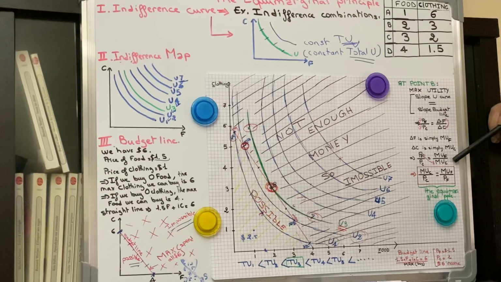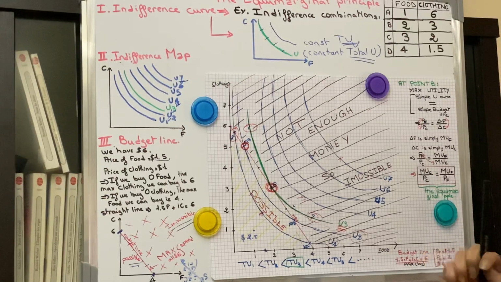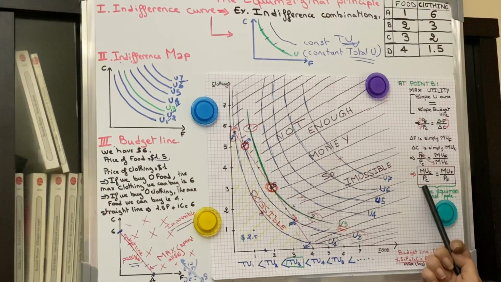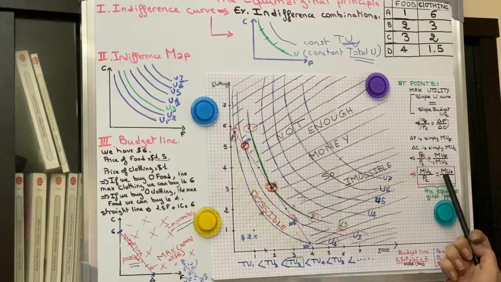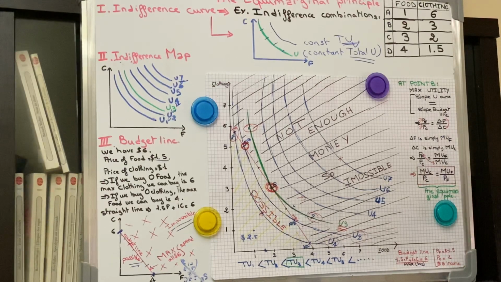I hope you see. Okay, now I'm going to play with the formula. I'm going to put MUC over here and PF over here, okay? So it's going to give me the marginal utility of clothes over the price of clothes is exactly equal to the marginal utility of food over the price of food.